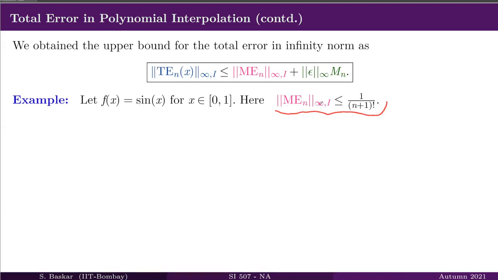So in this example, you can see that as n tends to infinity, your mathematical error will go to 0 quite fast. That gives you the guarantee that the mathematical error is also going to 0 as n tends to infinity. It means that as far as the function f of x equal to sine x is concerned in this interval, even if you work with equally spaced nodes, mathematically your polynomial interpolation works very well.